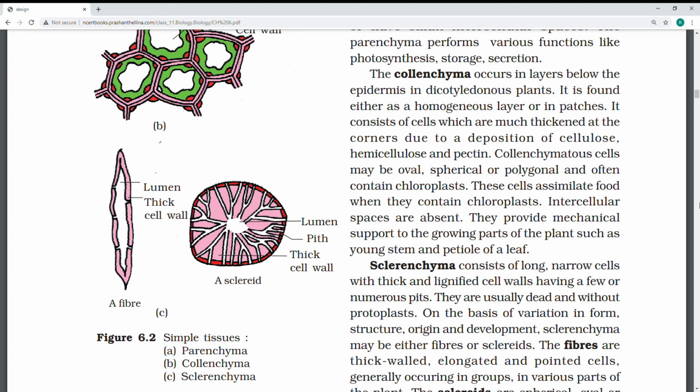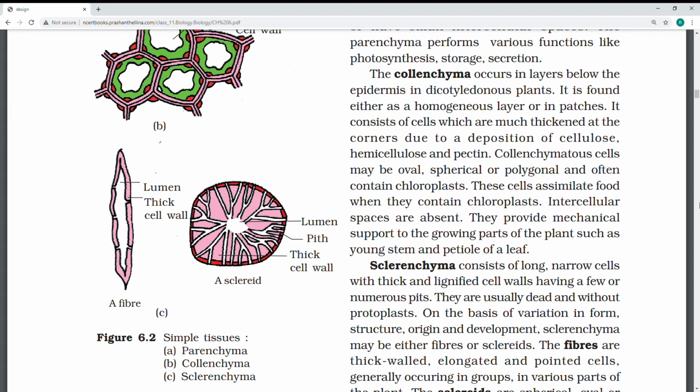The description: sclerenchyma has a lost protoplasm, highly lignified with a narrow lumen, but fibers are elongated, long, tapering at the ends, hexagonal in shape, and contain lignin. They might ask for a single mark: the tissue which contains lignin. You can write fibers.